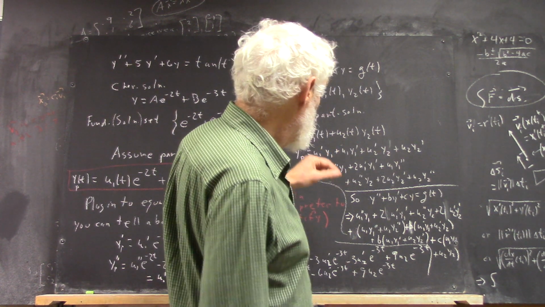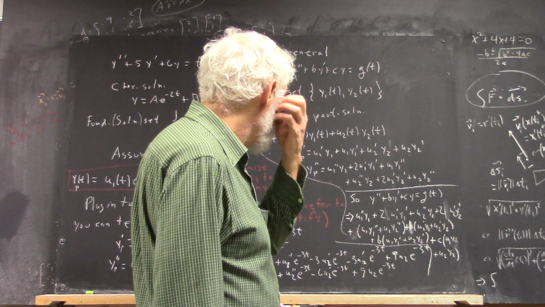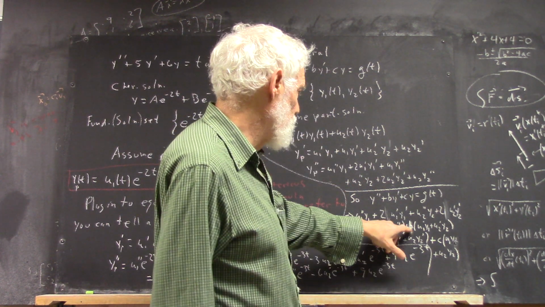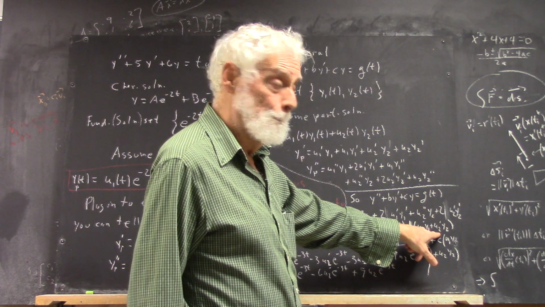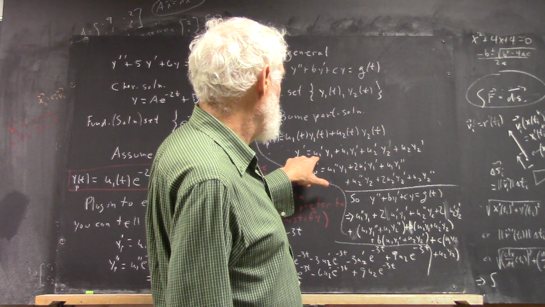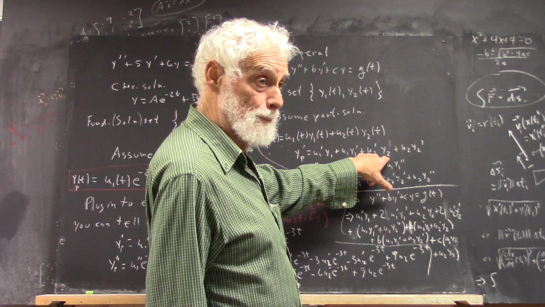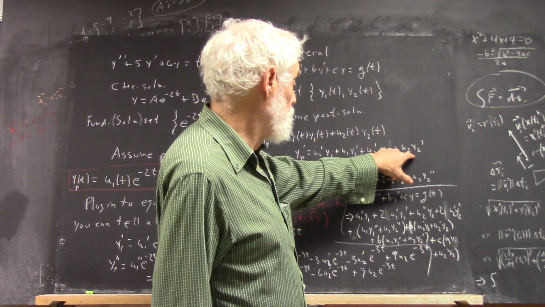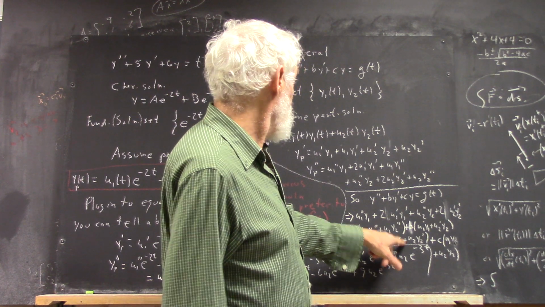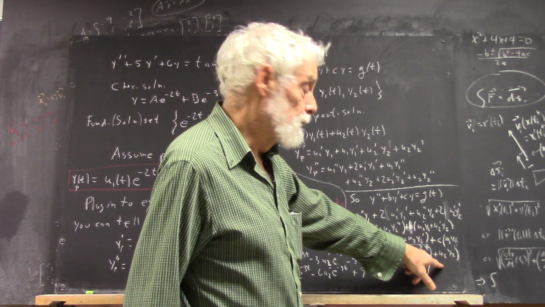Then when I wrote down this term, I again wrote these two terms down. Of course, there's a b in front of y prime, so I have those two terms here, and that would be this term and this term. And then I wrote these two terms separately. And then I just wrote down my c times my particular solution.